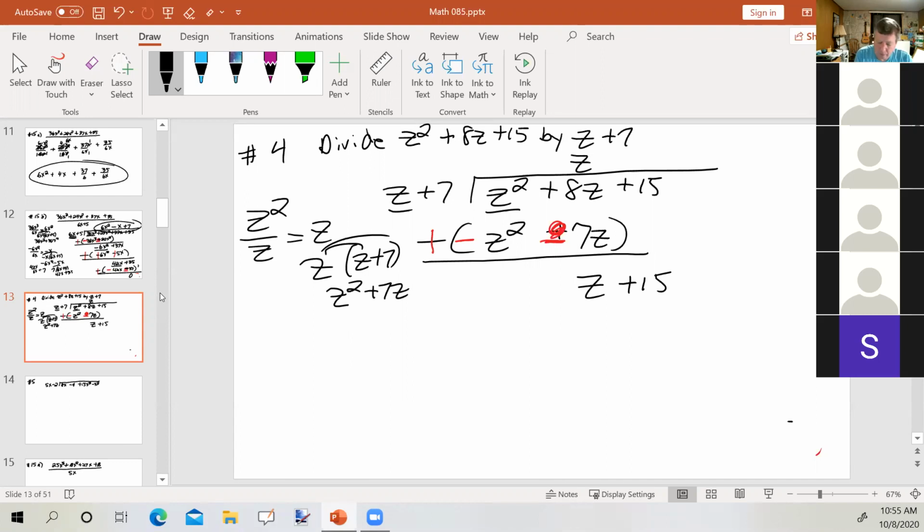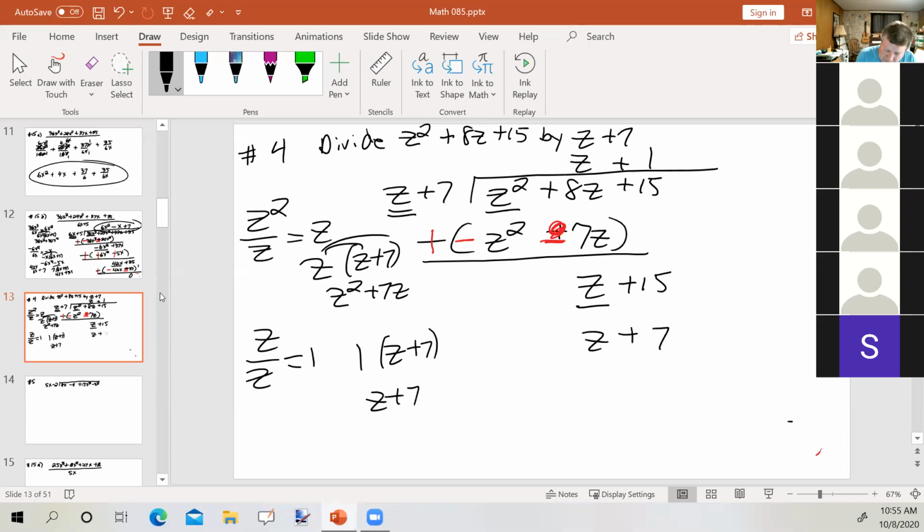Start over, divide the inside leading term by the outside leading term. Z divided by z is a positive 1. Take the 1 times z plus 7, which is z plus 7. Subtract that from what's up above.